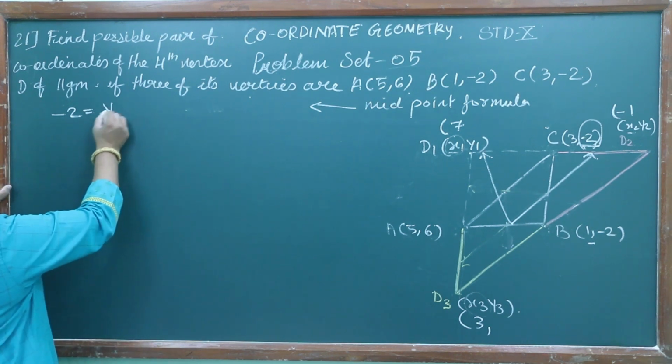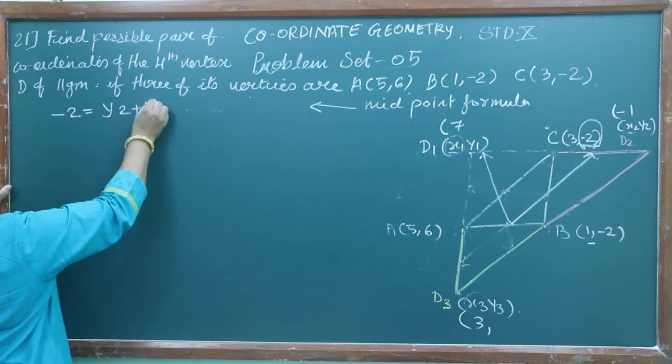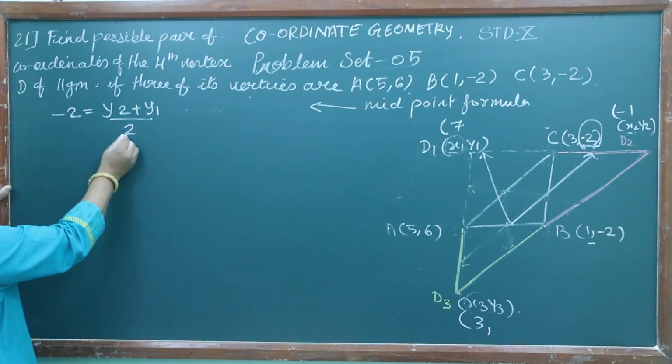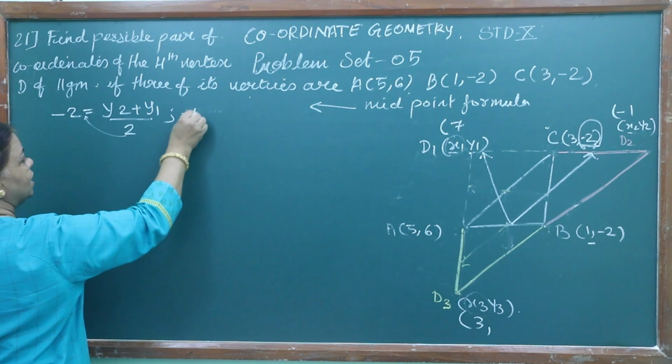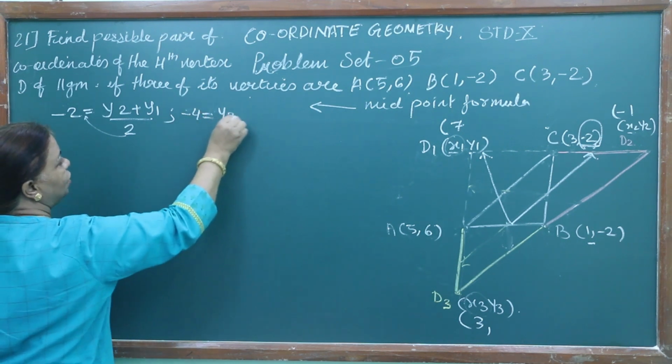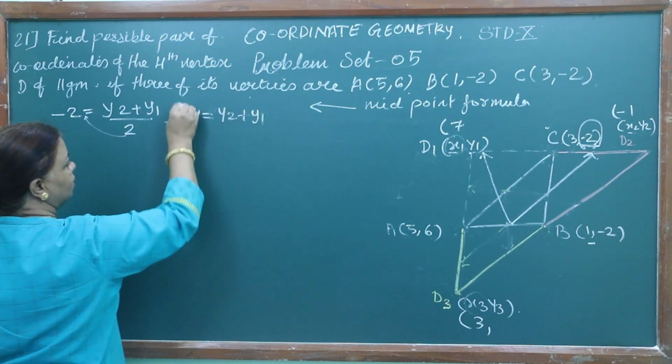So we can take y2 plus y1 upon 2. 2 will go up here and it will be minus 4 equal to y2 plus y1. Fine.